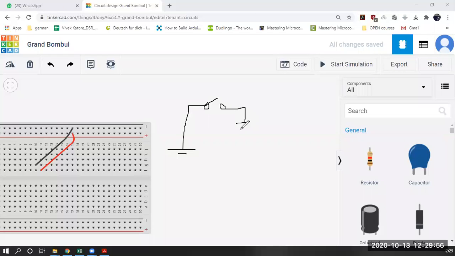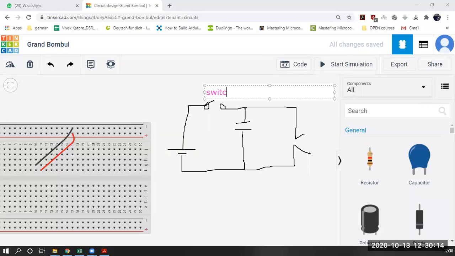Then we have a capacitor, and then we have a bulb here, right? So let me type in the things. This part is the switch.